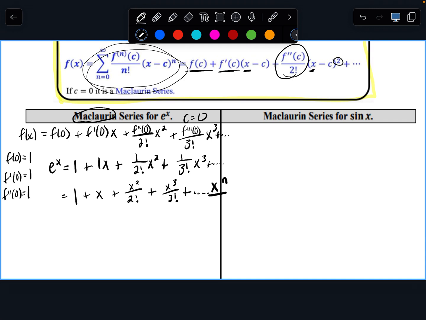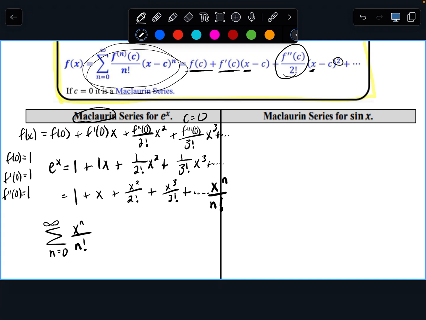So it'd be x to the n, and then it's always n factorial because you kept increasing whatever you're taking the factorial of. So I notice a pattern: e to the x, if you start at 0, because that's where my center is, is x to the n over n factorial.